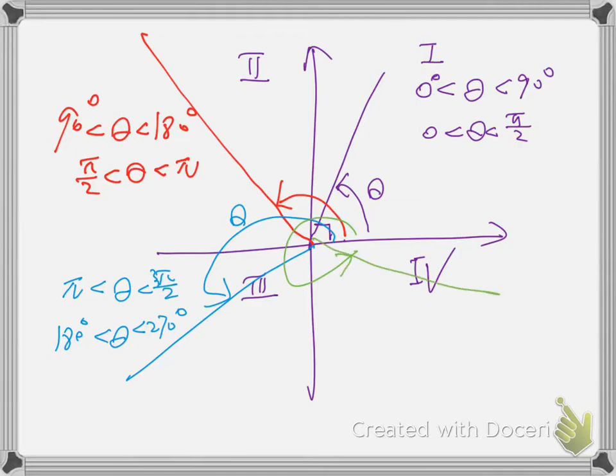If you have some angle theta from the positive x-axis, rotate this way to here, then you got some angle bigger than 270, less than 360. Or between 3 pi over 2 and 2 pi. So that's the 4 quadrants for the angles.